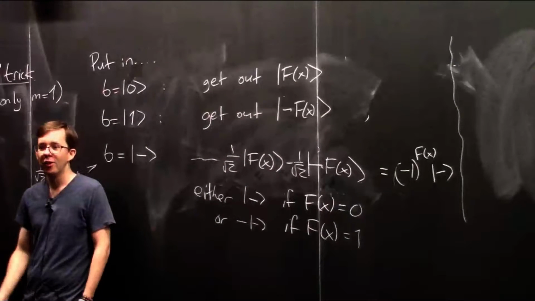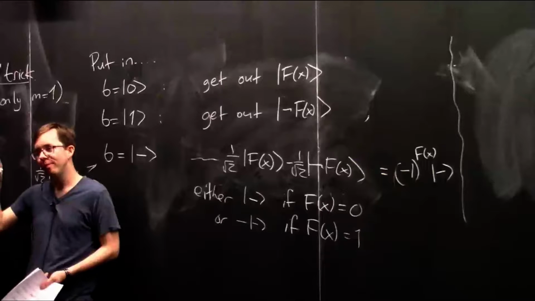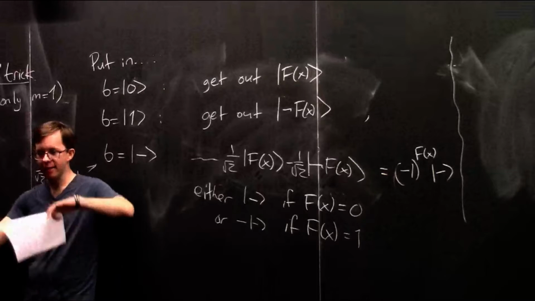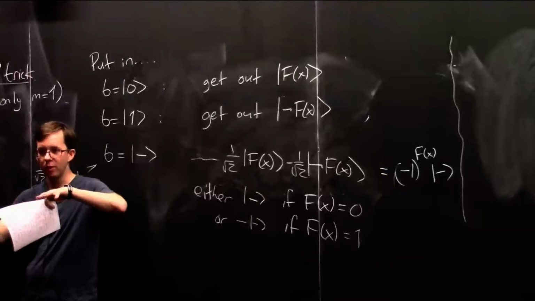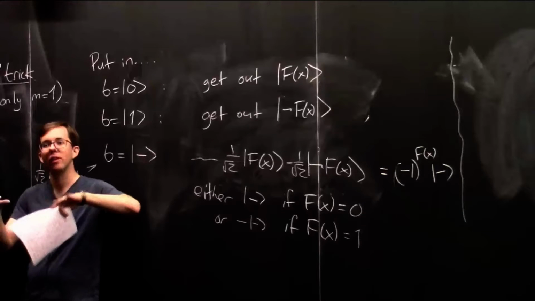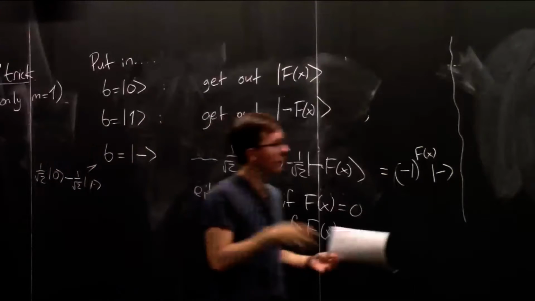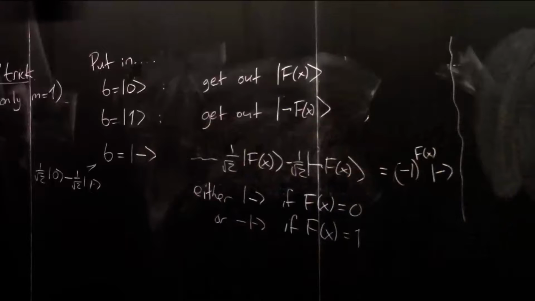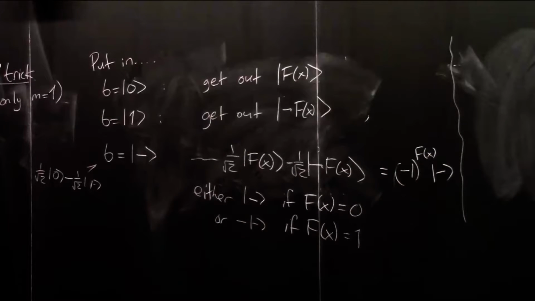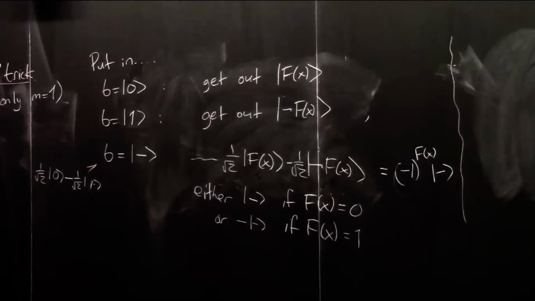So you'll get some bigger state with some x and an answer and a sign, and some different x and an answer with a sign. And they'll cancel out in interesting ways. So just wait and see. It's a good question, though.